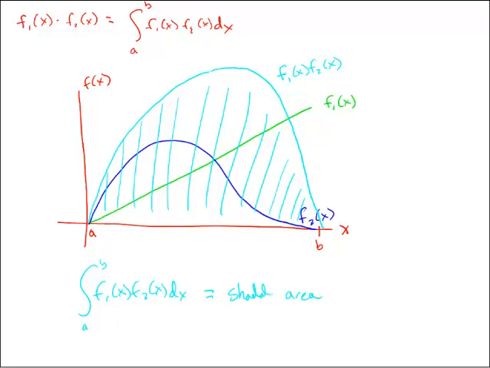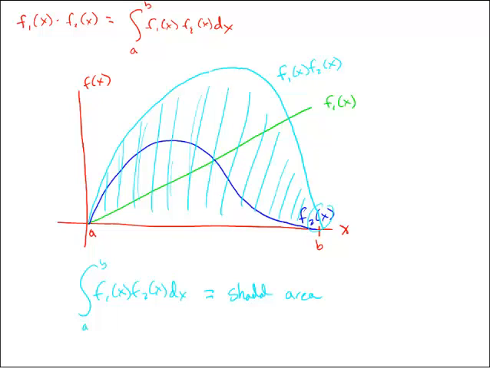Cool? Cool. So what is the dot product between two functions actually telling you? It's basically telling you how much the functions overlap. So when the functions overlap a lot, they will contribute very positively to this integral. But when the functions don't overlap very much, they will contribute very little to the integral.